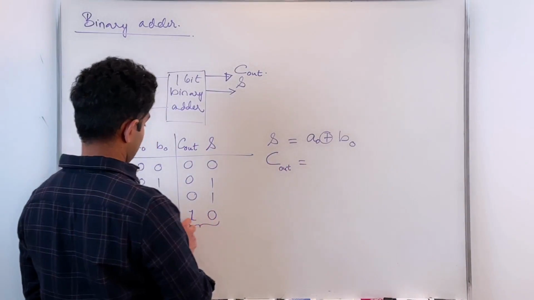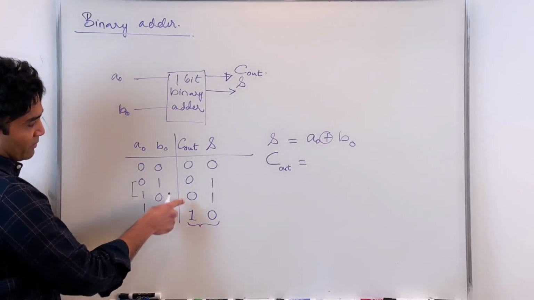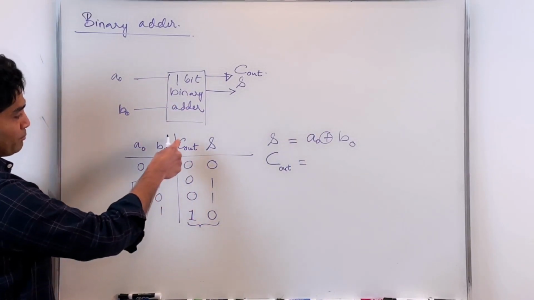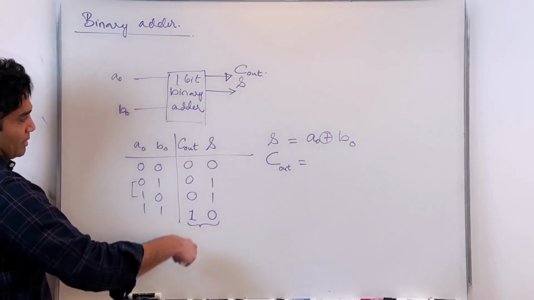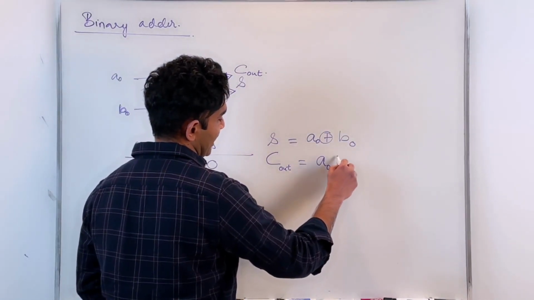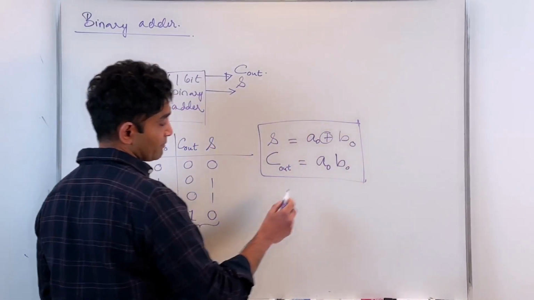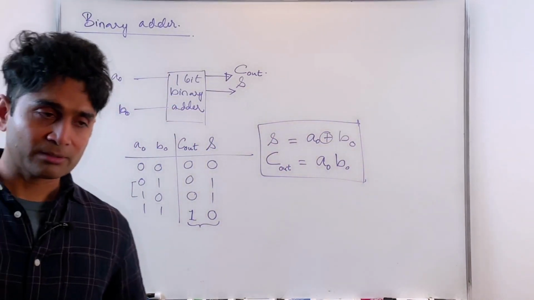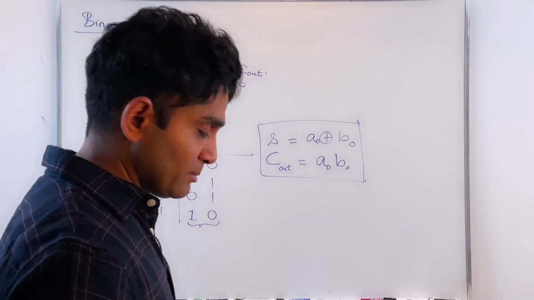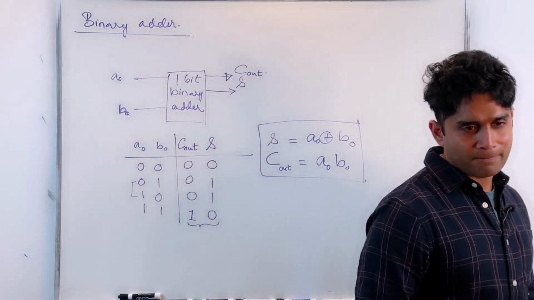My C out is 1 where both A naught and B naught are 1. For the rest of the input combinations, in other words, if my input combination has at least one 0, then C out goes to 0. That's a clear cut AND operation between A0 and B0. There you go. So you have designed your first adder, a single bit adder that can perform addition operations between two bits.